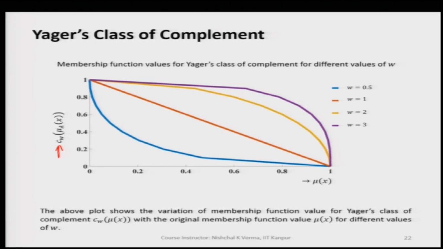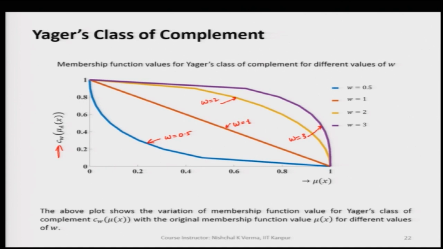So, this is for W is equal to 0.5, and then this is for W is equal to 1, then this is for W is equal to 2, and this is for W is equal to 3. So, what does this mean?